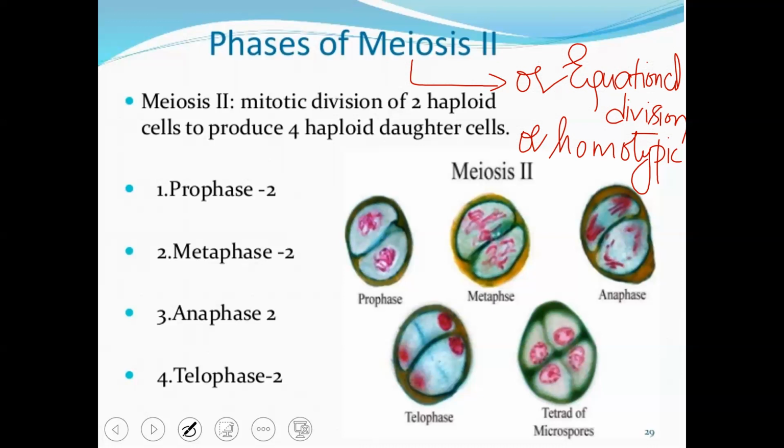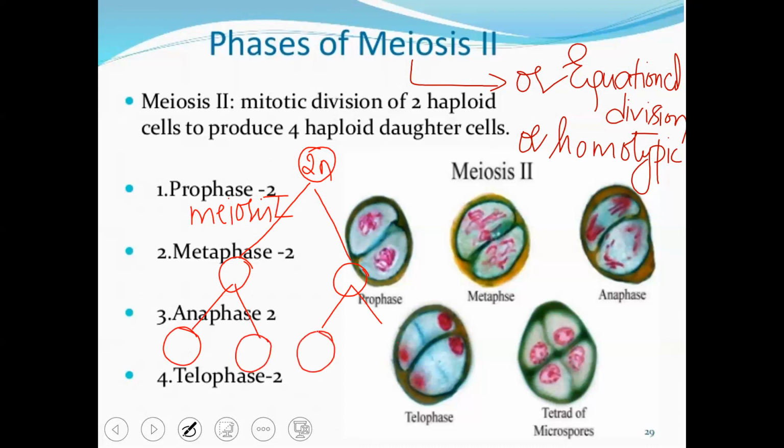So when we look at the chart of meiosis 1 and meiosis 2, if this is a parental cell which is diploid, it will undergo the first meiotic division, meiosis 1, to form 2 daughter cells. These 2 daughter cells further undergo meiosis 2 to form 4 daughter cells, which are again haploid in nature.